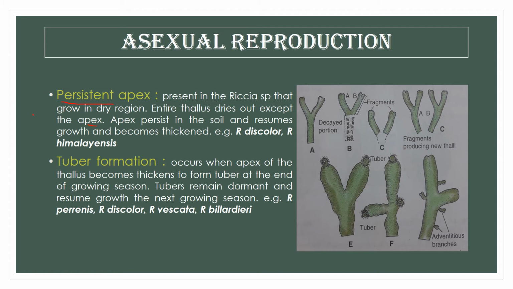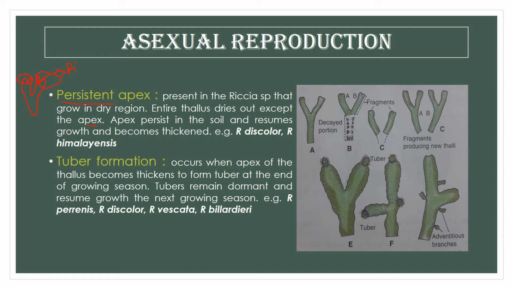If this is a thallus of Riccia, the entire thallus dies off due to high temperature, and only the apical portion is left. At its tip there is an apical initial, which has meristematic cells.